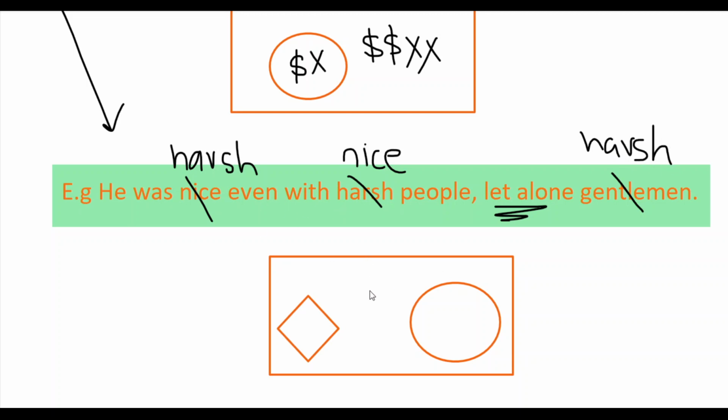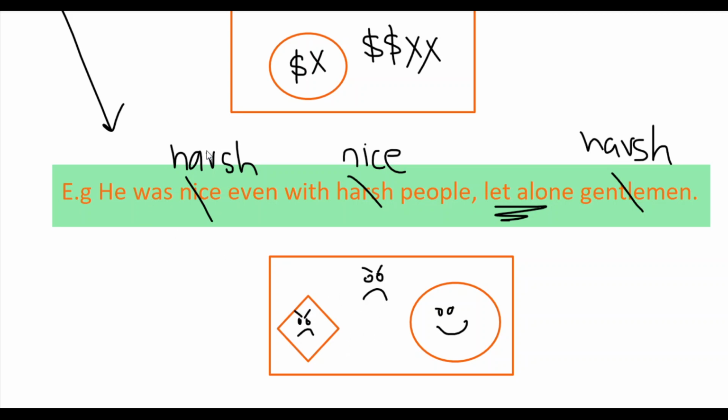In this case, what am I basically doing? The fact that he is a harsh, cruel dude who doesn't like to talk nicely, even to the people who are nice, let alone people who are just as harsh as him. Oh, okay, something to this effect.